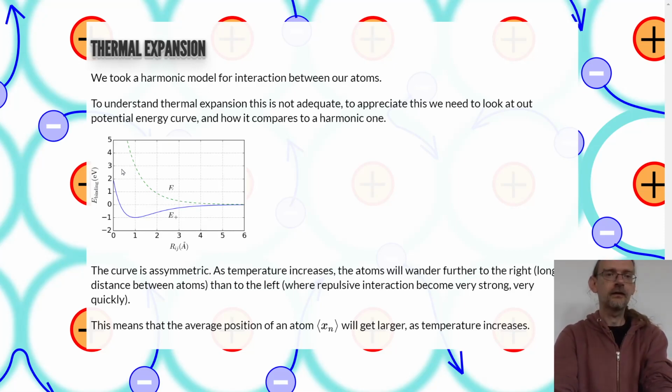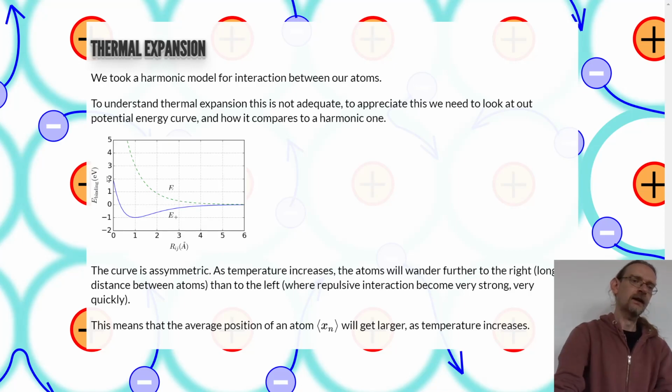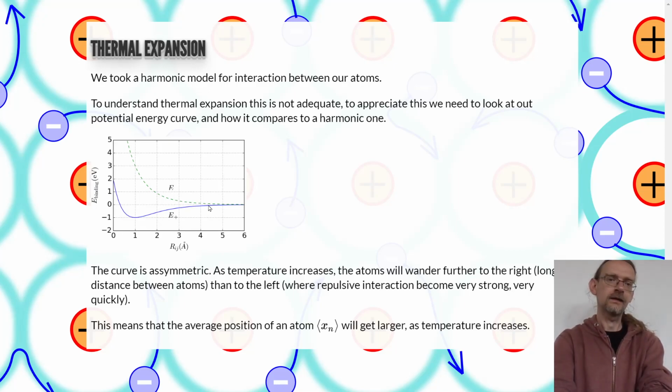But in a real potential, like something that's a bit like this Lennard-Jones, or what you would get from the quantum mechanical model, fully including the repulsion as the atoms get close together, or as they get further away, relaxing. It's anharmonic, and it's steeper on the left as they get close together than it is on the right as they get further away.